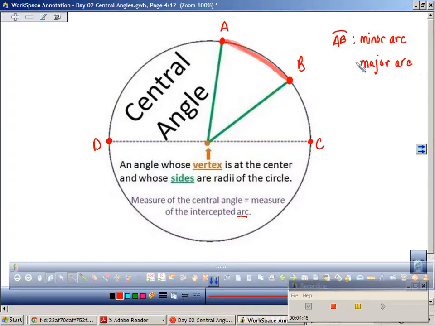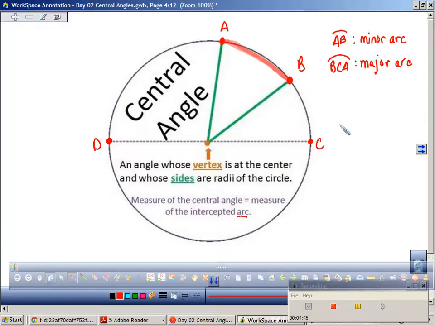And the major arc is the arc that's surrounding the entire minor arc. So there's a couple different ways we could write this major arc. We could write the major arc as B, C, A. Major arcs always have 3 letters.